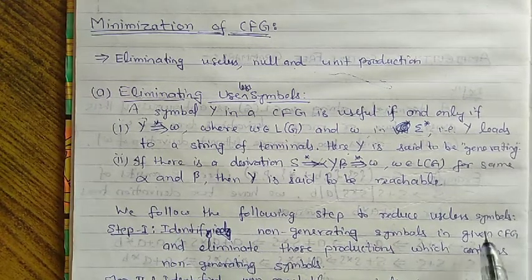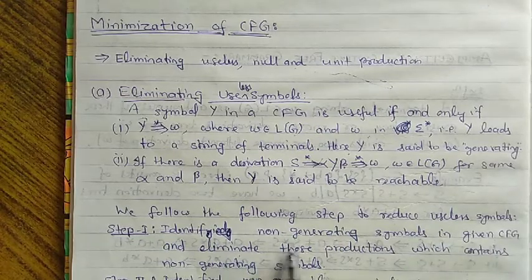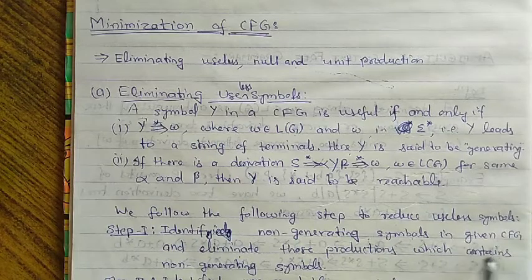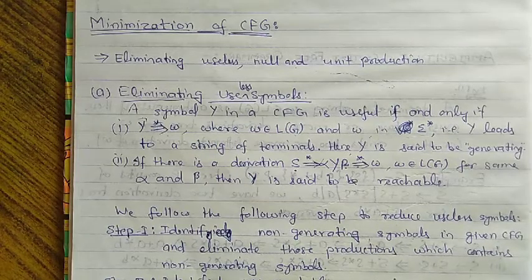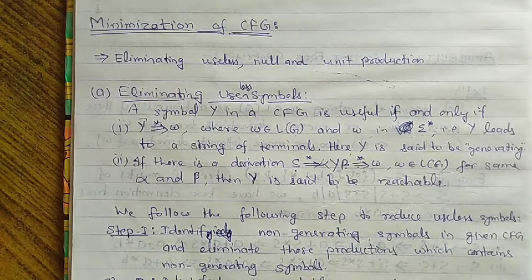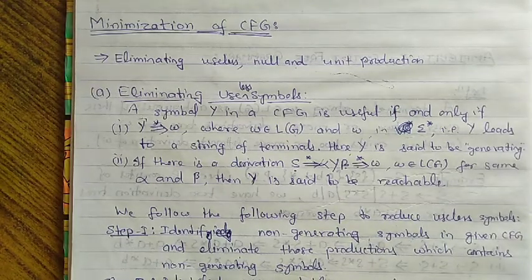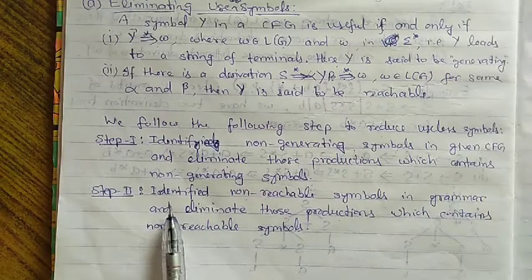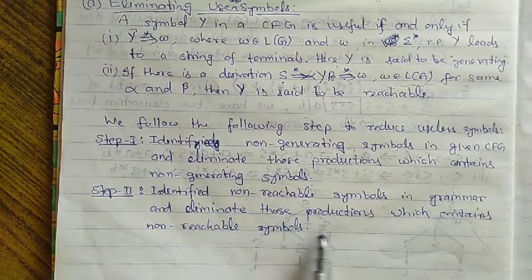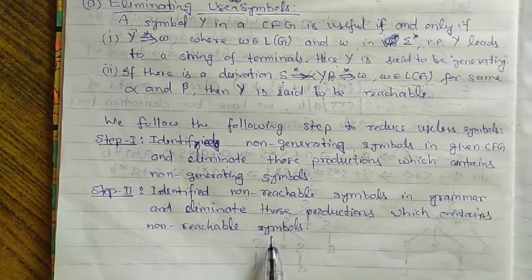A useless symbol is one that is non-generating as well as not reachable. Step 2: identify non-reachable symbols in the grammar and eliminate those productions which contain non-reachable symbols.